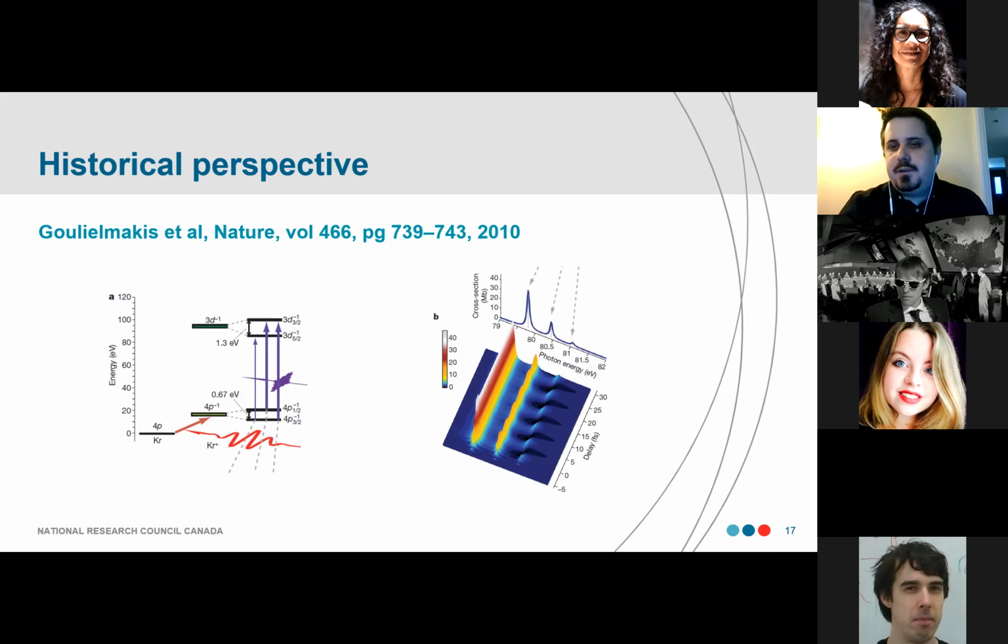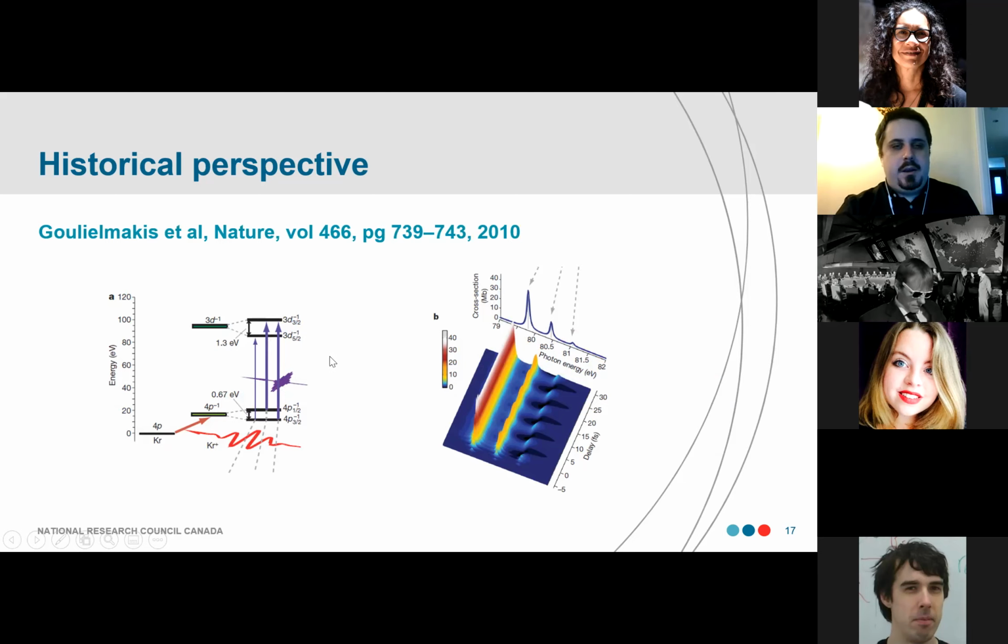The oscillation speed of this wave packet depends on the energy splitting. The larger the splitting, the faster the wave packet oscillates in character. In this case, once it's in this state, Gullielmakis used an XUV pulse, which further excites it from this 4p state to a 3d state.